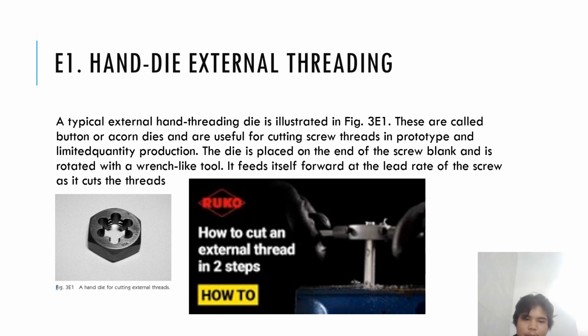So the hand die for cutting external threads is placed, and it's going to cut the work part, making the thread. You just move it, just spinning it counterclockwise, because the hand die for cutting external threads is turned like that to make the thread.